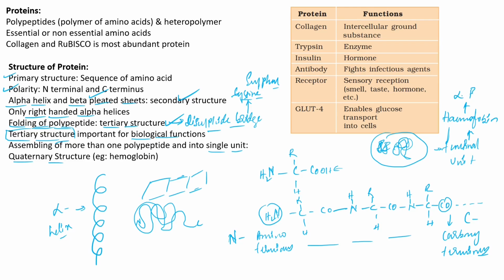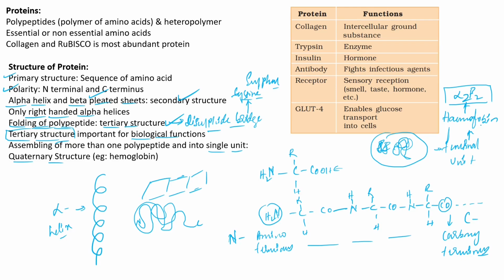Alpha is present in 2 copies and beta is present in 2 copies, hence we say that alpha 2 beta 2 is the formula for hemoglobin. As we all know, hemoglobin is mainly involved in the transportation of oxygen from the lungs to the tissues, and also carrying carbon dioxide from the tissues to the lungs. This is the main function of hemoglobin, right?